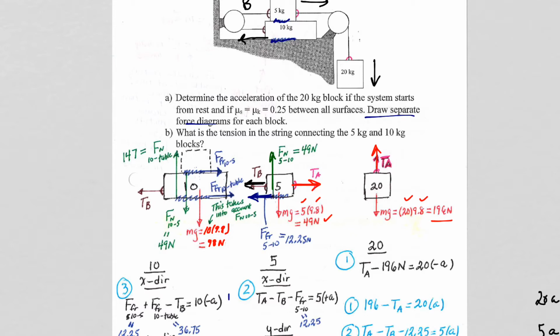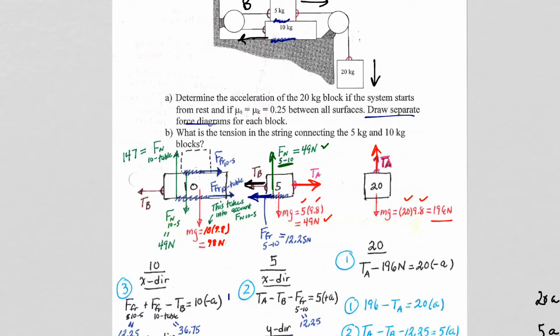Without any other forces in the y direction to either increase or decrease the downward force, we immediately know that the normal force has to be equal to the weight force, 49 newtons. So there has to be a normal force on 5 by 10, keeping block 5 from sinking into the ground, and that has to be 49 newtons.